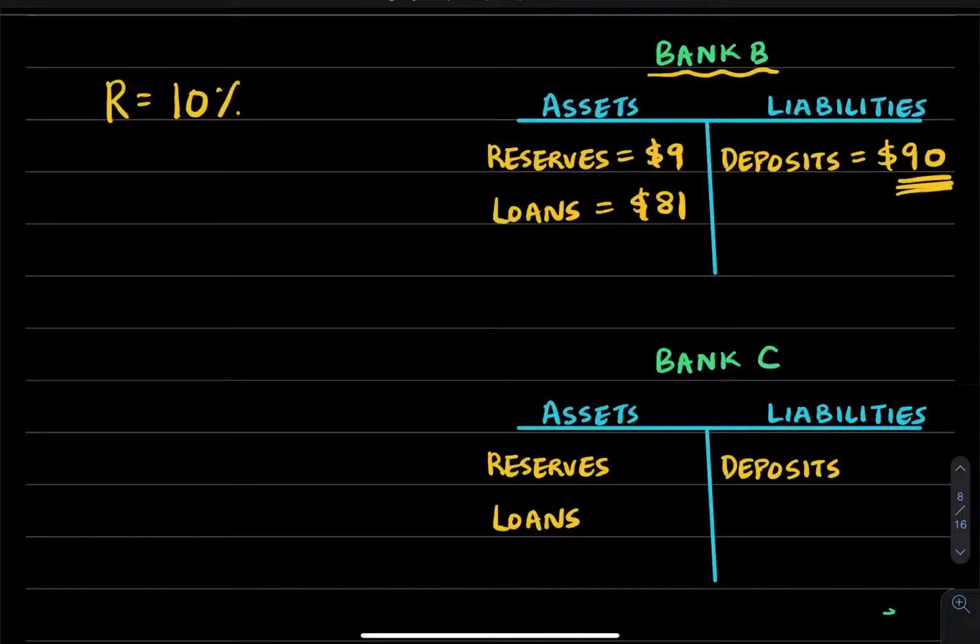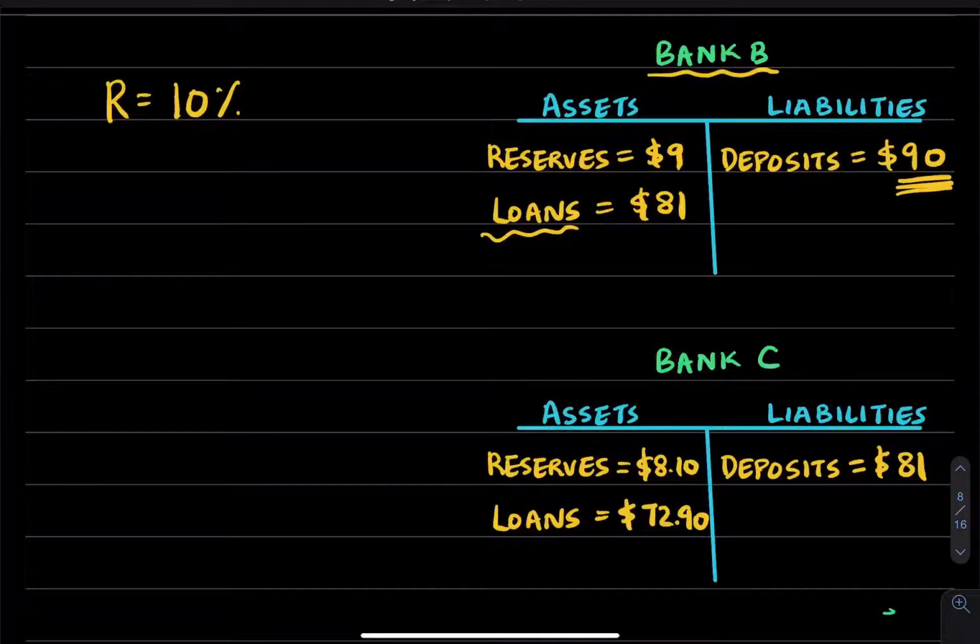Okay, and you can imagine that this person who's taking out a loan from Bank B can now go to Bank C and make a deposit of $81. And again, we have the same cycle where $81 can be split into $8.10, which is 10% of 81, and $72.90 left to be loaned out.